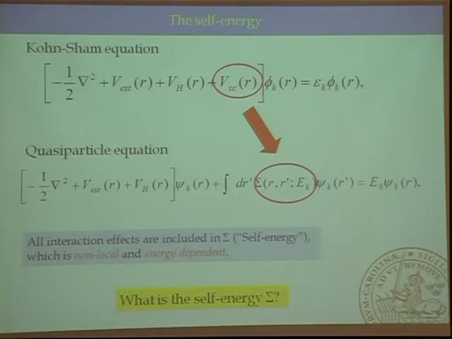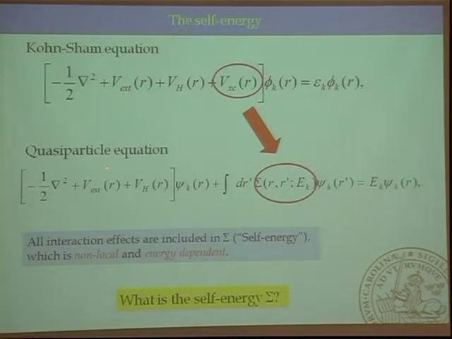So here I make a comparison between the Kohn-Sham equation that we get from density functional theory and the quasi-particle equations. Here we have the exchange-correlation potential on top of the Hartree potential in density functional theory.